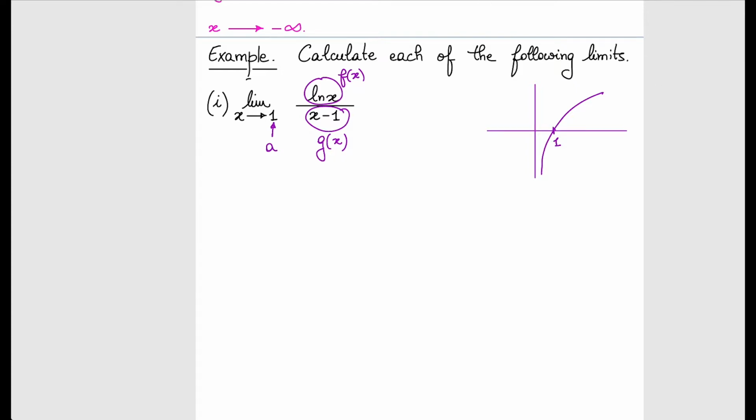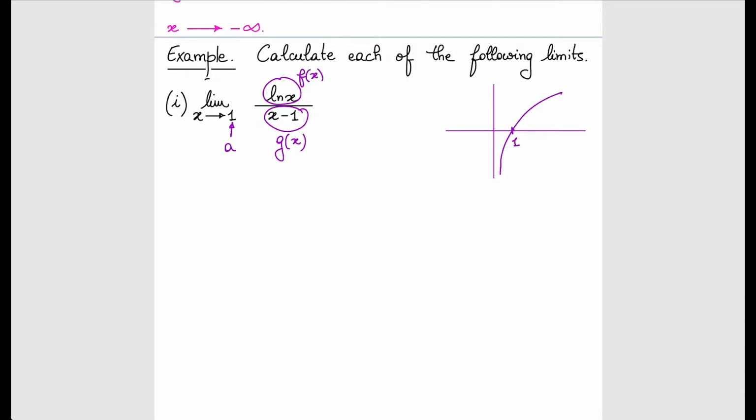Certainly in a small neighborhood of 1, let's say this neighborhood, the function is differentiable here, right? I'm talking about this part. Certainly this function is differentiable. You have tangents everywhere here, right? And x minus 1, similarly, is a line, so certainly it's differentiable everywhere.